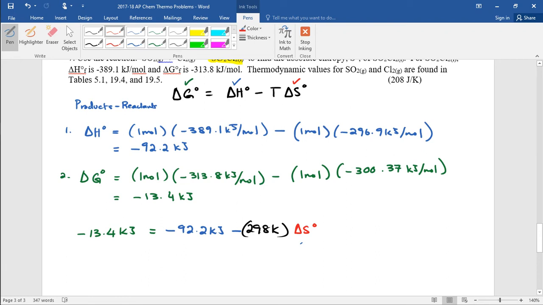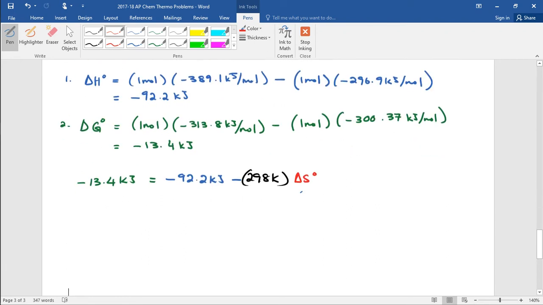Okay, so if you solve this out for delta S standard, which you can do, you should get a delta S standard that resolved to be negative 0.264 kilojoules per Kelvin.